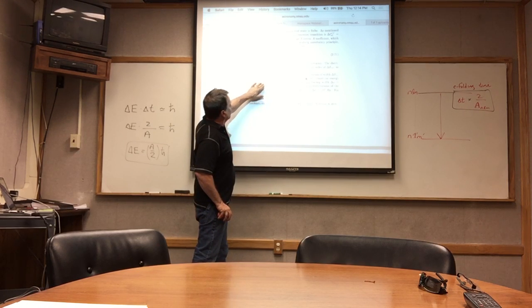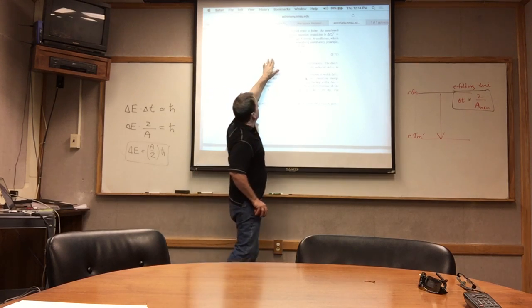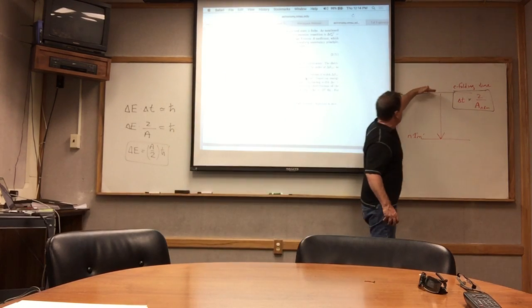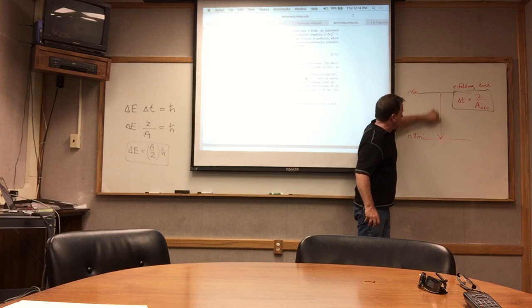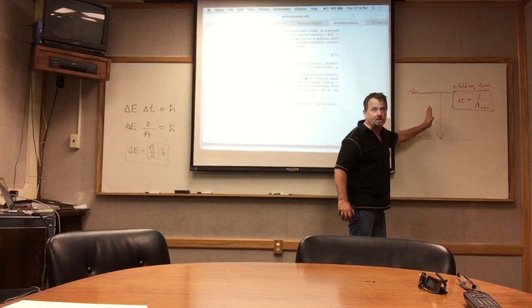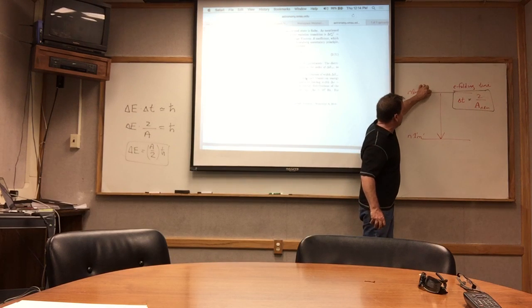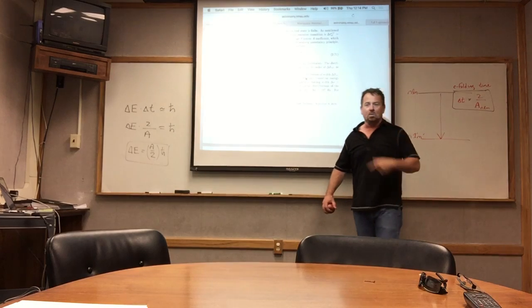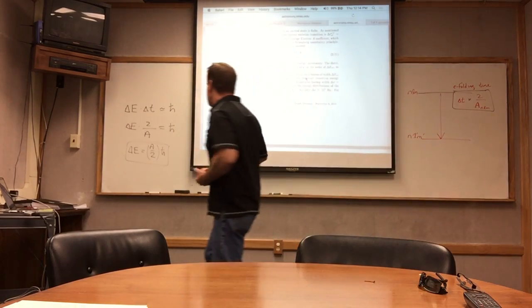So, when you account for the fact that delta E, this blurry energy here, means that the photon energy is not going to just be one energy. If there's a spread in this energy, there'll be a spread in the photon frequencies or wavelengths that come out. Okay?